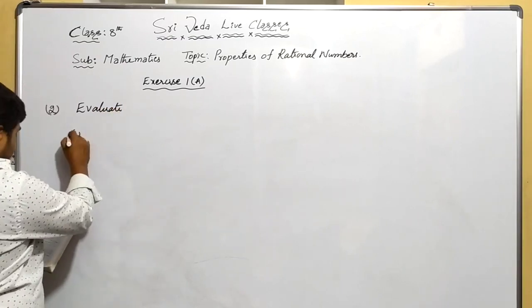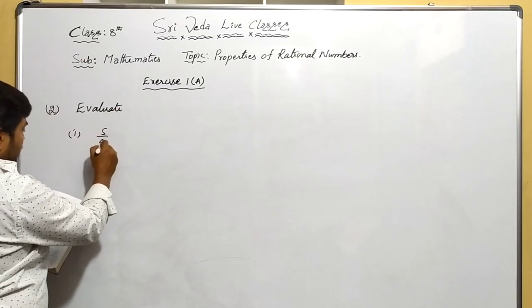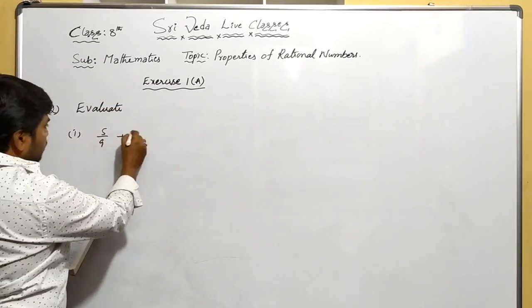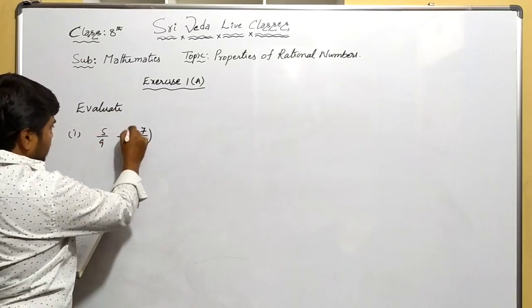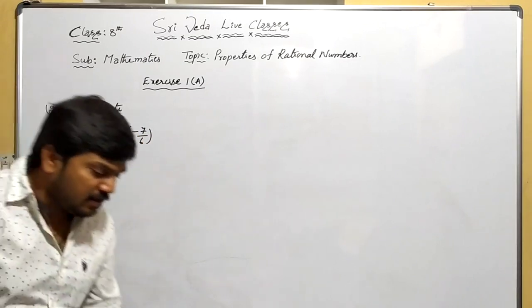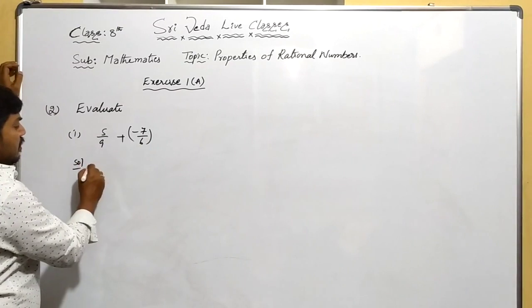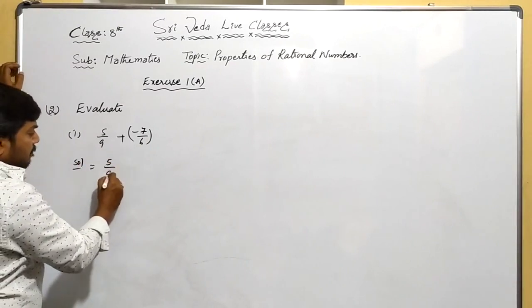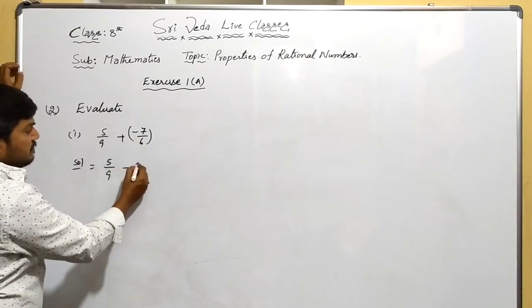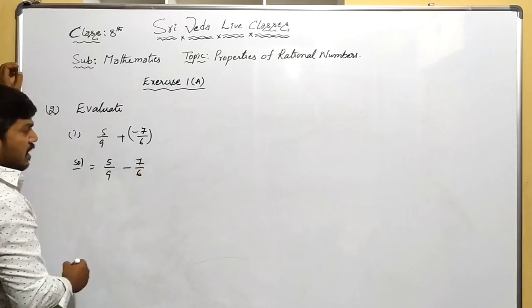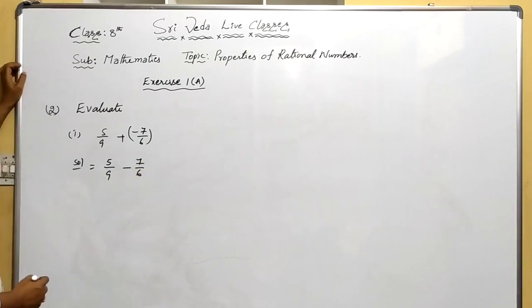So first one, what is that? 5 by 9 plus minus 7 by 6. See that? Here you can do that. So here is 5 by 9 plus into minus, minus 7 by 6. Like this you can write it.